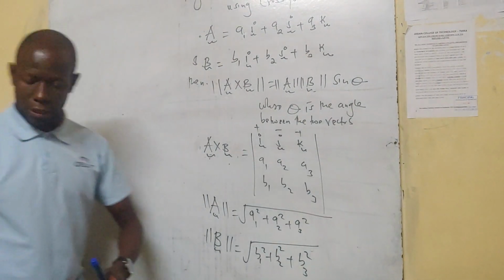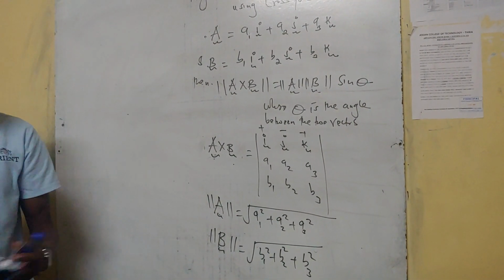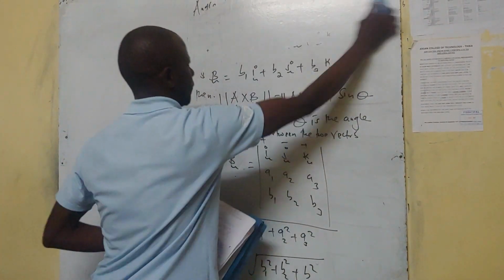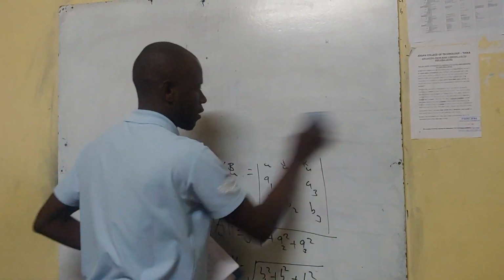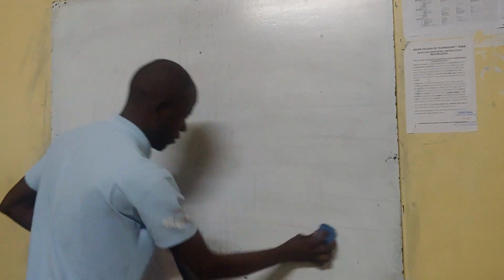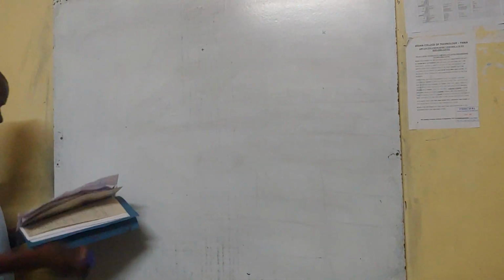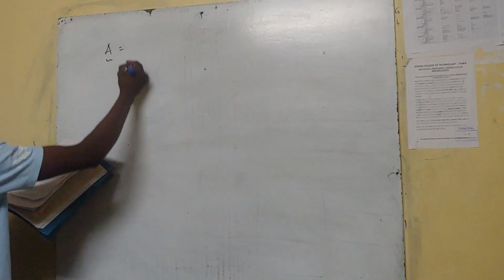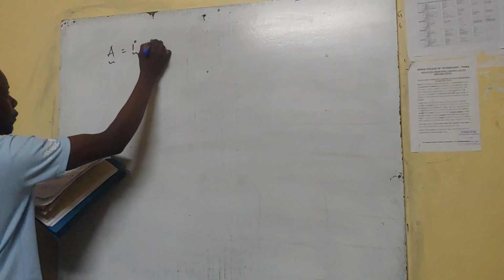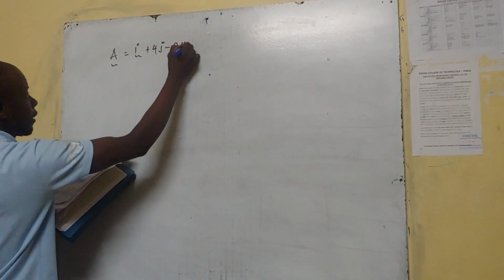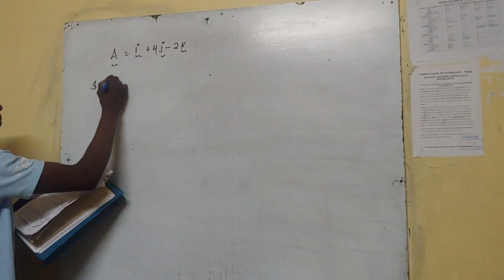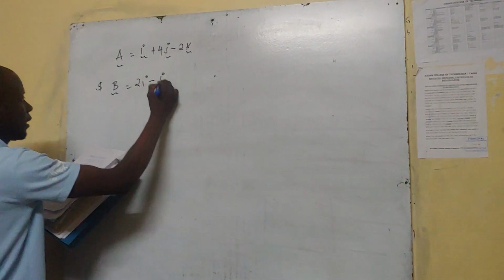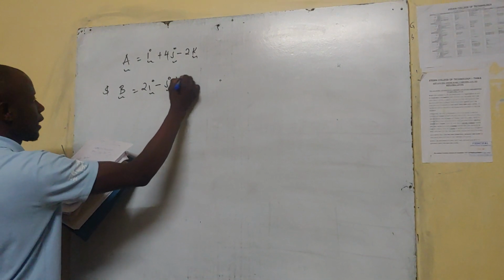So I want us to look at a relevant example of how to find the angle between two vectors. Let's consider two vectors. Vector A, which is given by I plus 4J minus 2K, and vector B, which is given by 2I minus J plus 3K.